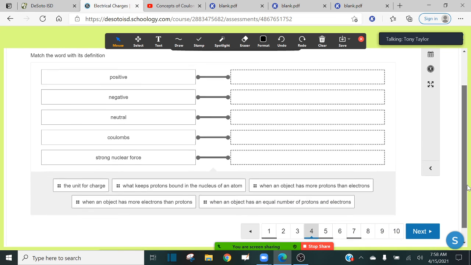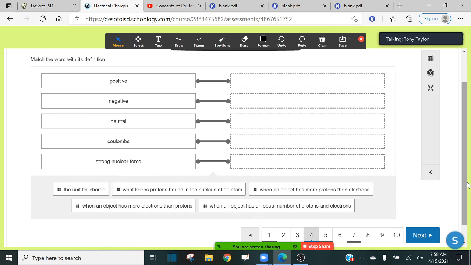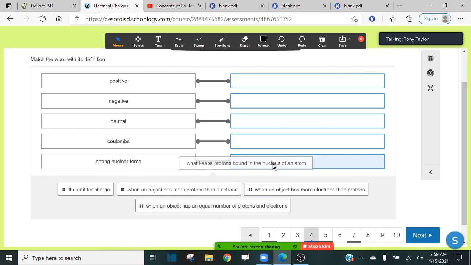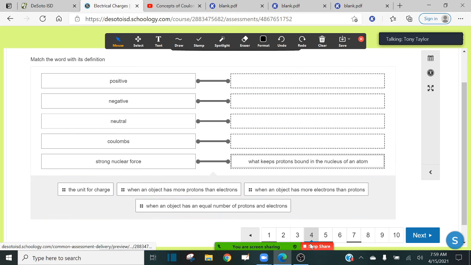Also, guys, on this part where it says master work with the definitions, most of these you should be able to do. I just want you to keep in mind that I haven't mentioned this yet, but the definition of the strong nuclear force is the force that keeps protons bound in the nucleus of the atom. Just FYI, the rest of them you guys should be able to do.